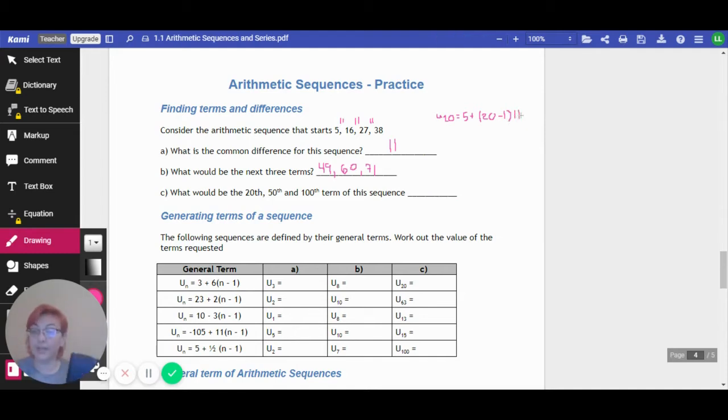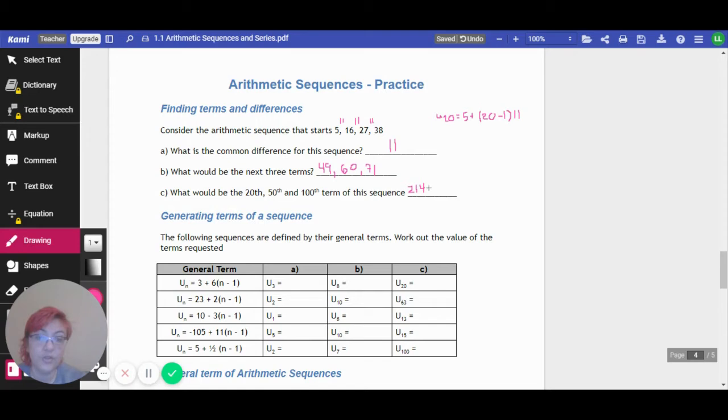All right, I'm going to do that on my calculator here. 5 plus 20 minus 1 times 11 is 214. That is the 20th term of my sequence.